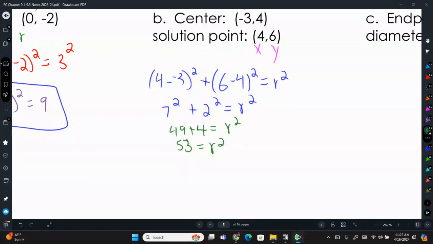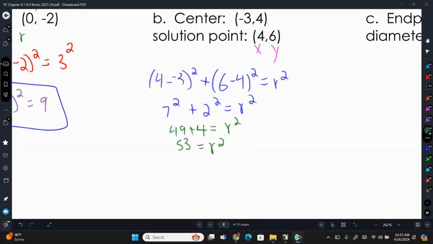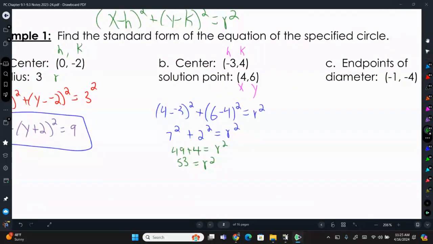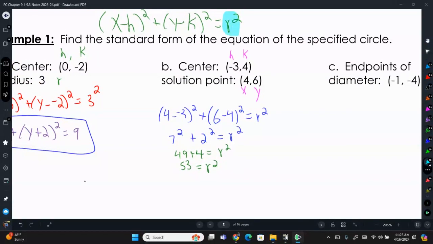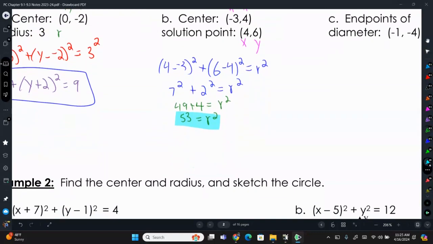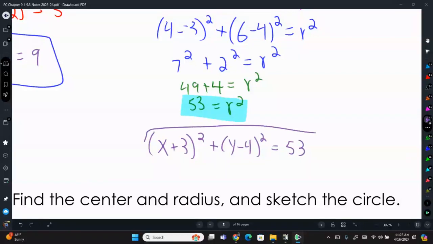Now, we don't need to figure out the radius. The question is not telling us that we need to figure out the radius. It's telling us to find the standard form of the equation. We only need r squared, which is what we have right here. So we can go ahead and write our circle down. x minus -3, so plus 3 squared, plus y minus 4 squared equals 53.